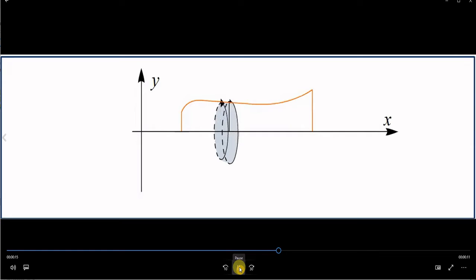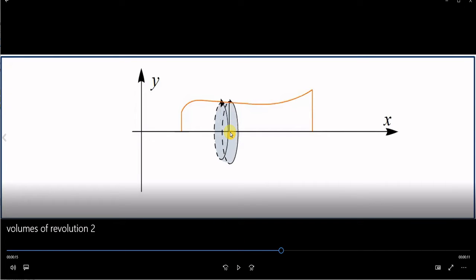Now this little cylinder has a radius of r. Say it's so thin that this side and that side are exactly the same. This distance here is r, and this is just a small amount along x, which we call dx.